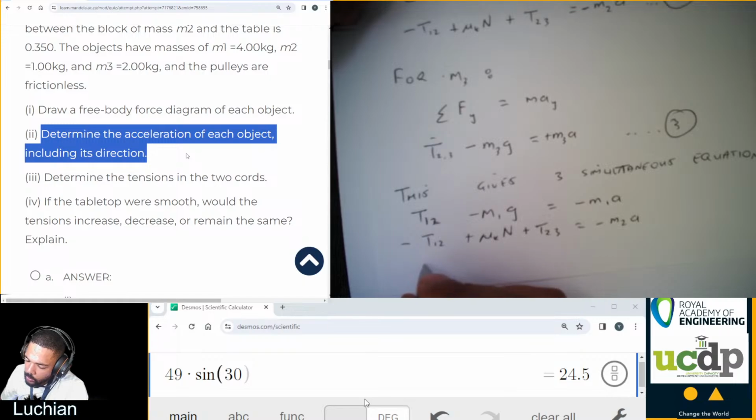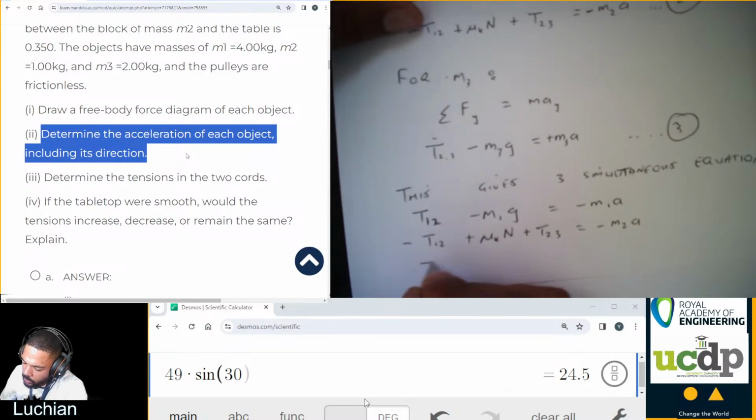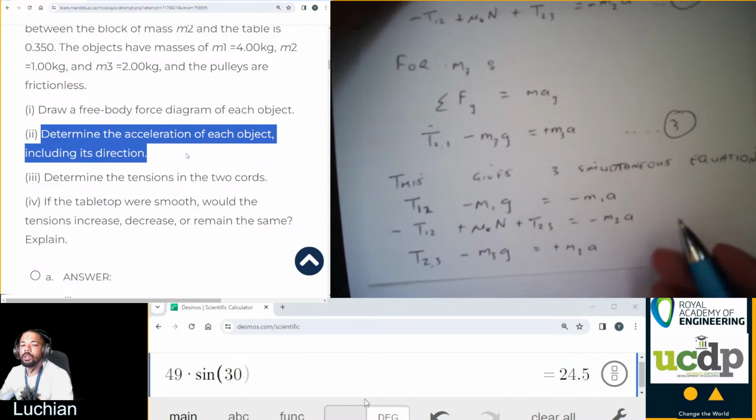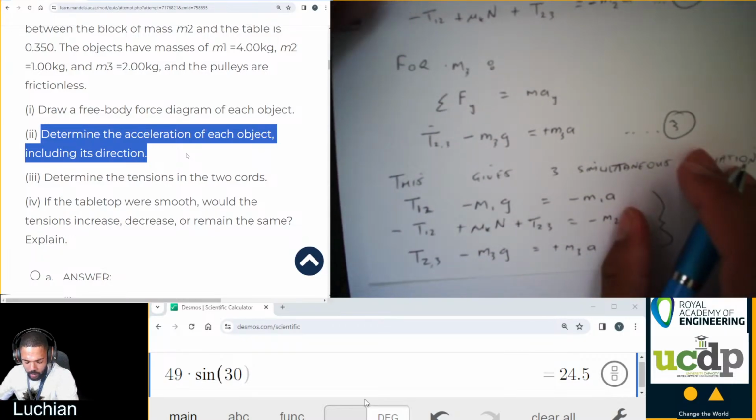Then the last one is T23 minus M3G equals M3A. Okay, so those are the three equations, the three simultaneous equations.